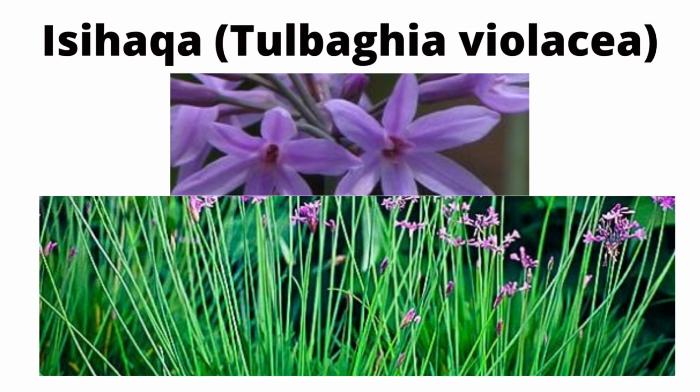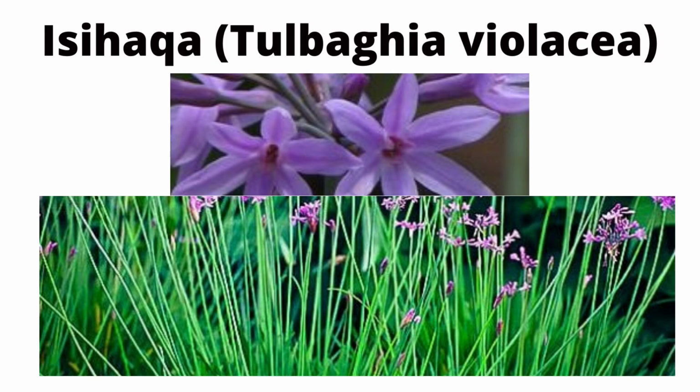The infusion of Isihaqa is often used on HIV/AIDS patients to treat things like pulmonary tuberculosis, fever, colds, high blood pressure, asthma, esophagus cancer, and meningitis. You can also use the infusion to get rid of intestinal parasites like tapeworms.